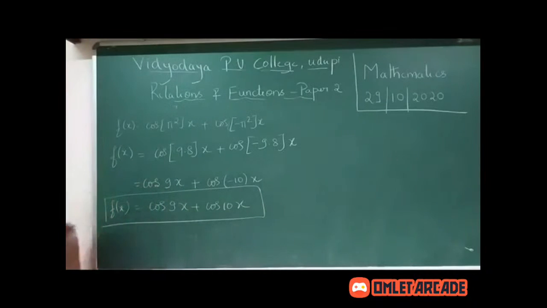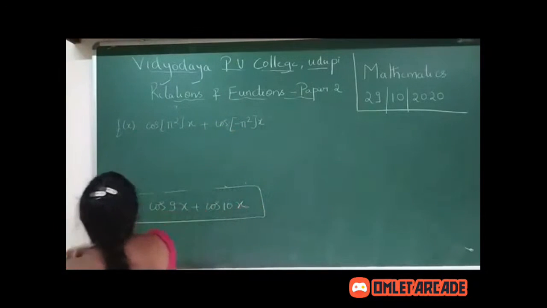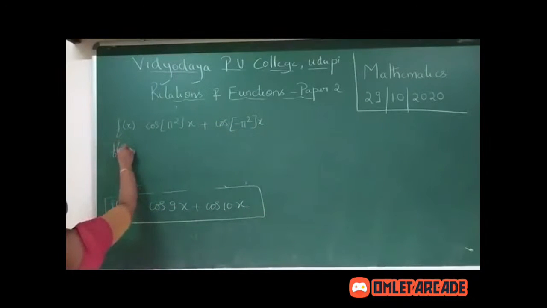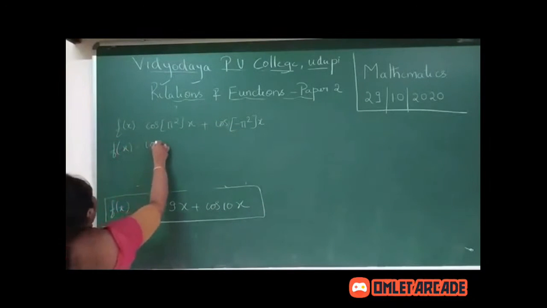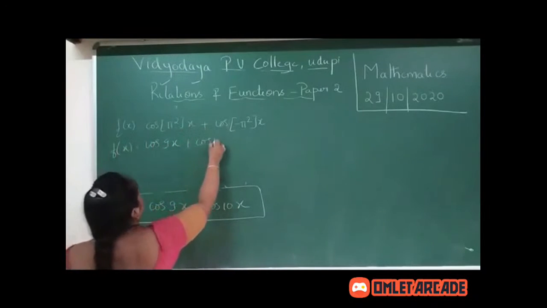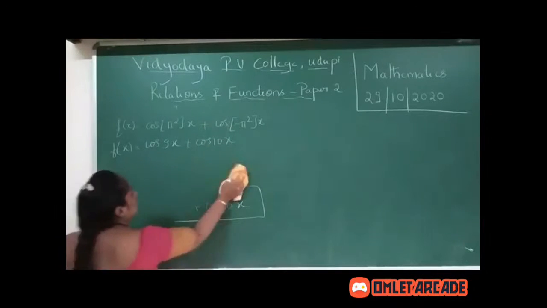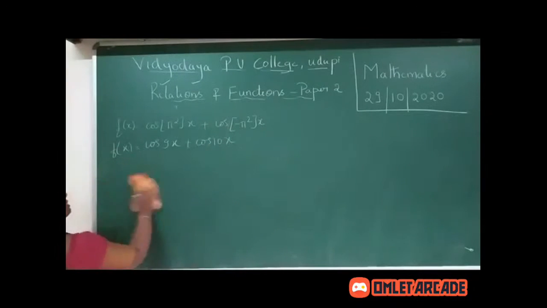Let us check with the first option now, that is f of pi by 2. One minute, you make a note of this. I am going to write this here. So f of x became cos 9x plus cos 10x. Pause the video, previous one you make a note. I need a space, so I am rubbing this.